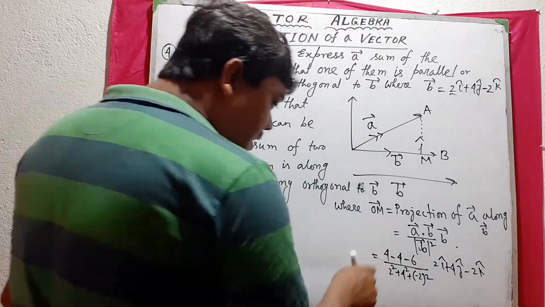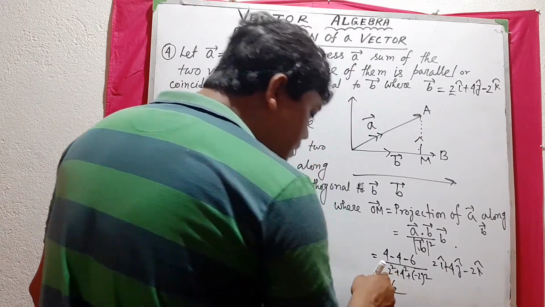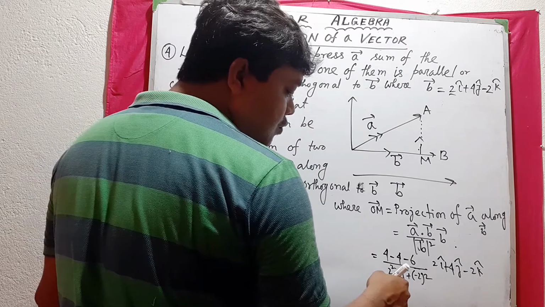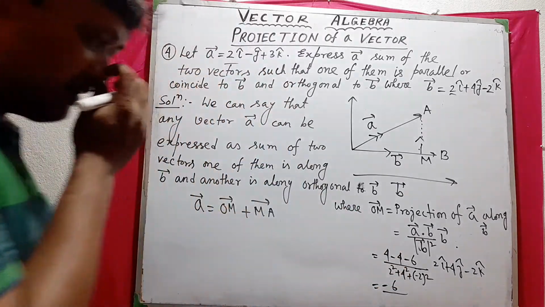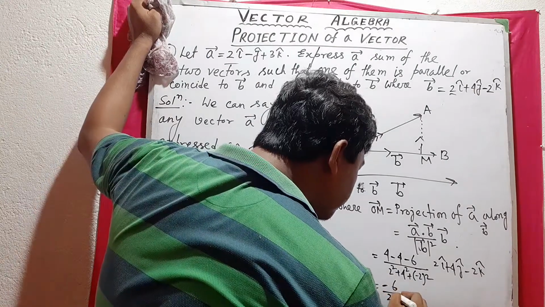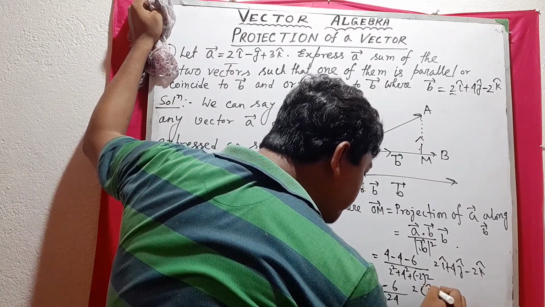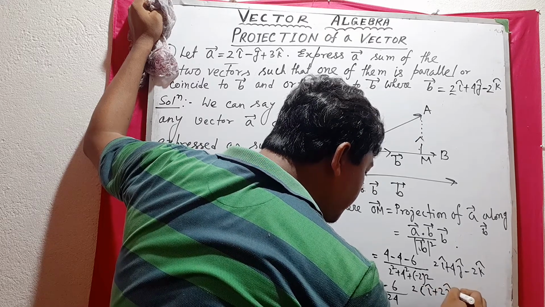So minus 6 by 24 into 2 common ni, I cap plus 2j cap minus k cap.